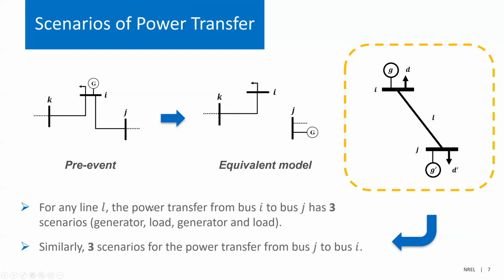For the power transfer between these two buses, you can move only the generator, only the load, or both generator and load. So this gives 3 scenarios from one bus to the other. And reversely, you will find another 3 scenarios from bus J to bus I.